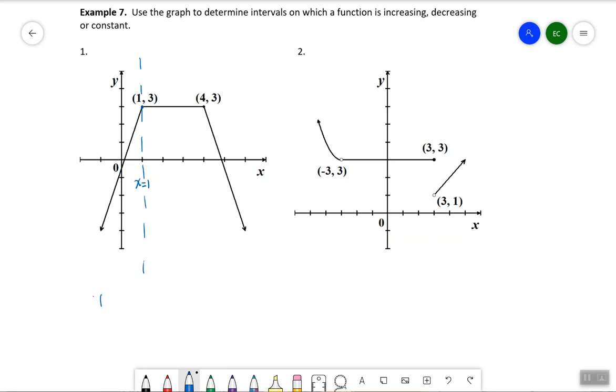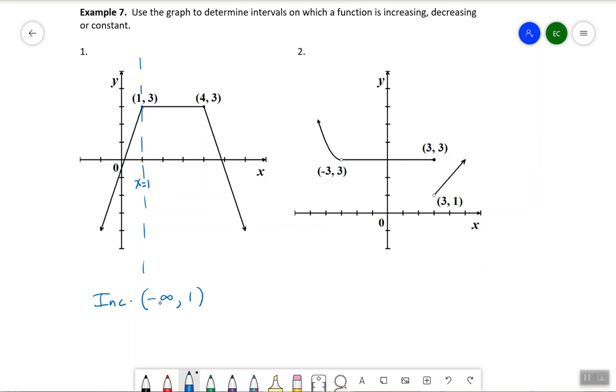And as we do that, we see that the y values are going up or increasing. And so we say that the graph is increasing on the interval here. Where does this interval begin? Well, this arrow back to the left says that we're going from negative infinity up to 1. And notice when we talk about an interval for increasing or decreasing, we're talking about an interval of x. We're not saying anything about what the y values are, except that the y values are getting larger or increasing.